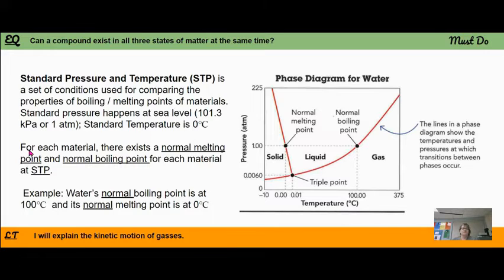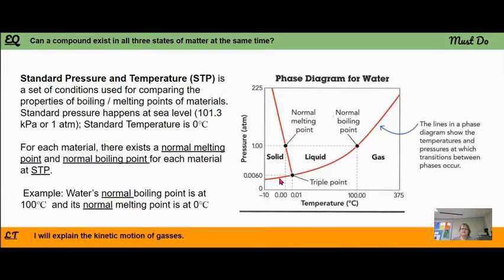For each material, there exists a normal melting point and a normal boiling point. Those two happen at the standard temperature and pressure. So this is called a phase diagram. And this one happens to be for water. Every material has a different phase diagram.